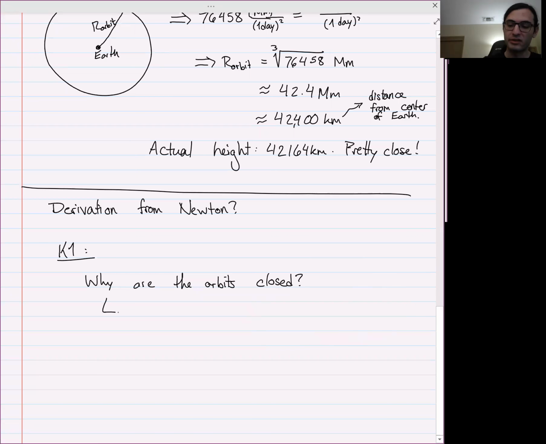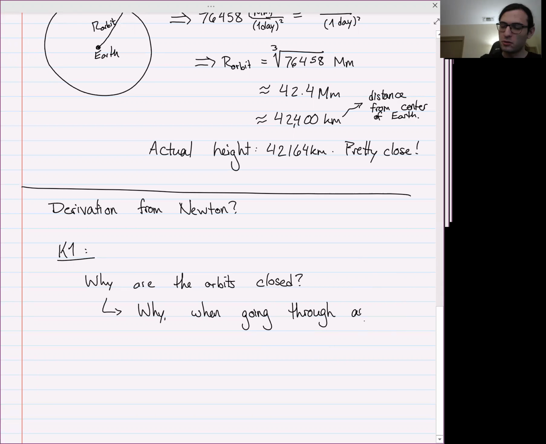We can rephrase this more mathematically. Remember, we can describe the position of the orbiting body around the focus with an angle and a distance. Why, when going through an angle of 2 pi, is the orbital distance the same?